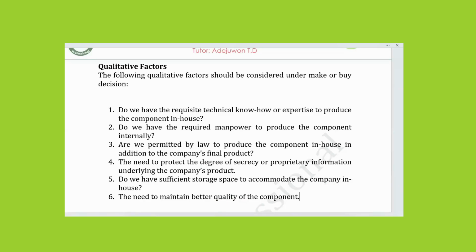So in that case, you may decide to continue producing it. But if you are sure that the outside supplier will maintain the existing quality of the product, then you can outsource. So the need to maintain the better quality of the components should be considered, all right, before the final decision is taken.